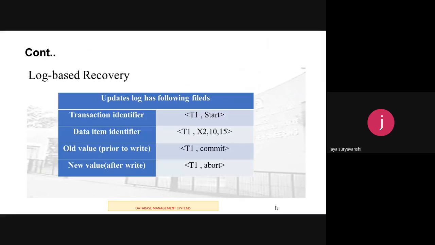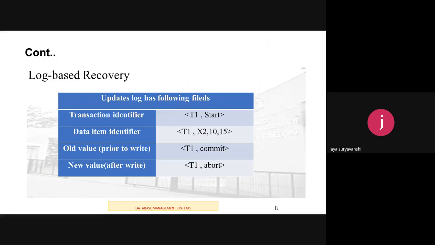In log-based recovery, first we will discuss what the log is. The log is the data structure which is used to store all the modifications performed on the database. The log contains a sequence of log records which keep track of update activities performed on the database. The log is an essential part of recovery systems to handle failure.